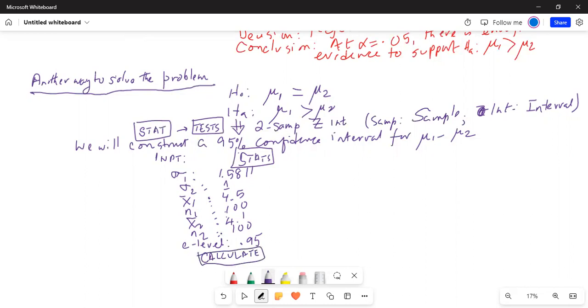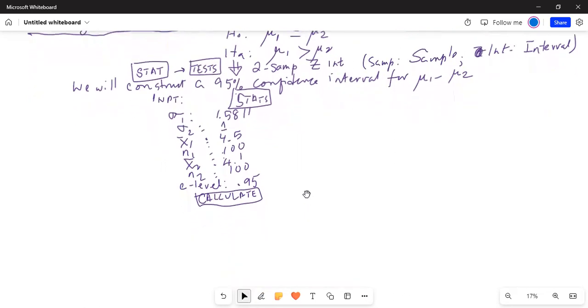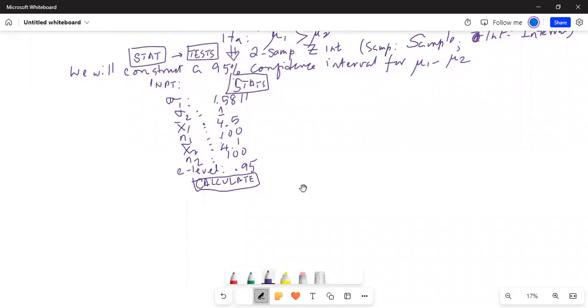So we bring the cursor down on calculate and hit enter. And for the 95% confidence, we get the answer 0.033, 0.767. What does it mean?